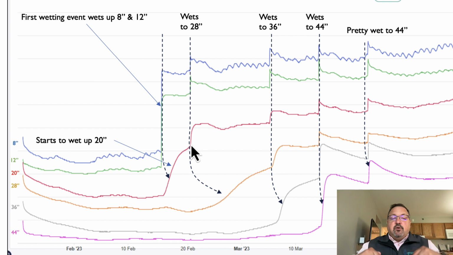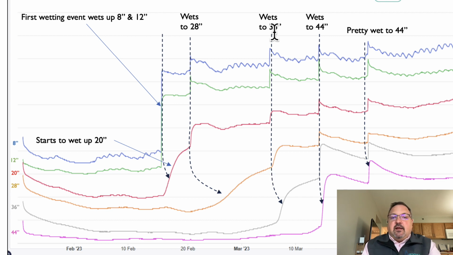Therefore, the moisture moved down through that profile pretty quickly with that rain event. But look what started to happen at 28 inches. We infiltrated and filled, if you will, the 20-inch root zone. It slowly started to drain into the 28-inch profile. At 28 inches now we start to make a wetting front again.